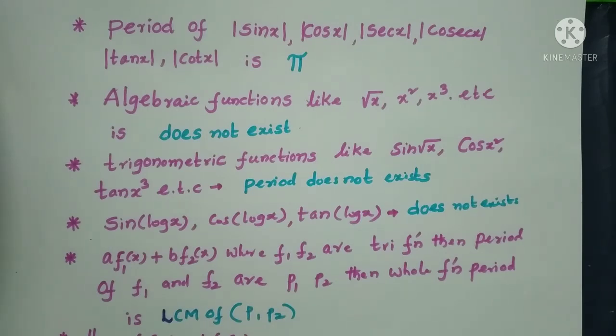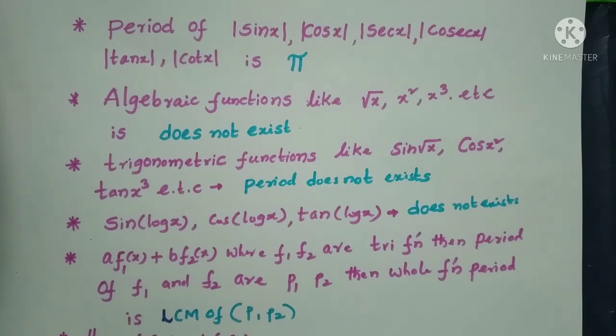But sometimes, if we take mod sin x plus mod cos x, or mod tan x plus mod cot x, or mod secant x plus mod cosec x, the period is not pi.